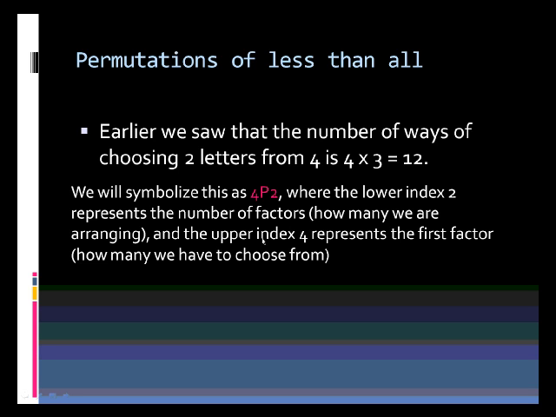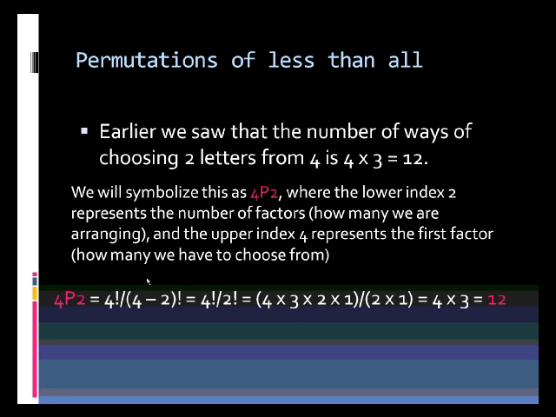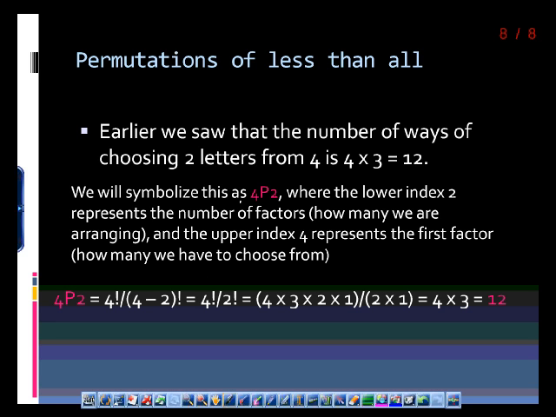Now, mathematically, what 4P2 looks like is 4 factorial over 4 minus 2 factorial. But don't worry about that quite yet. Wait, can you say what the different, like the 4 and 2? Okay? So the 4 represents how many there are to choose from. The 2 represents how many we're picking from that number.